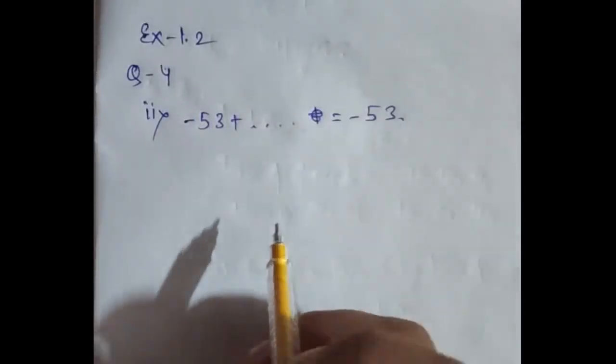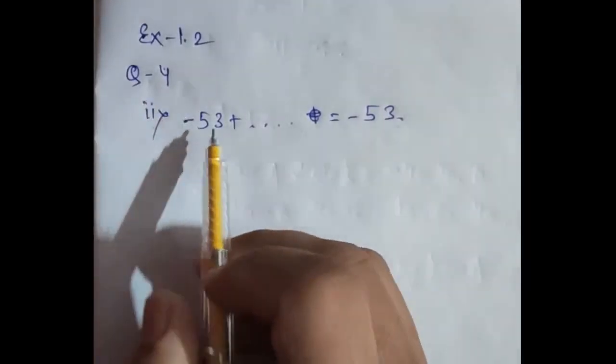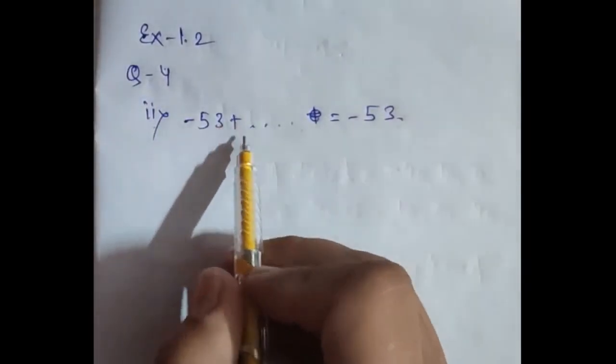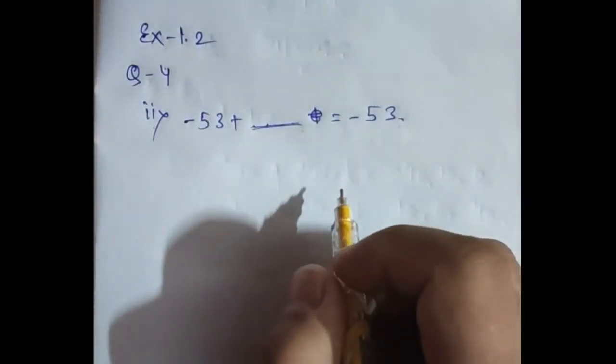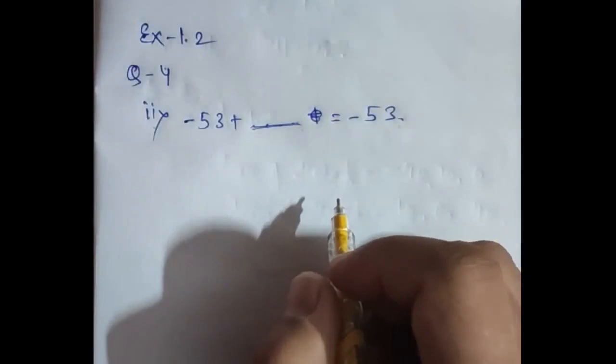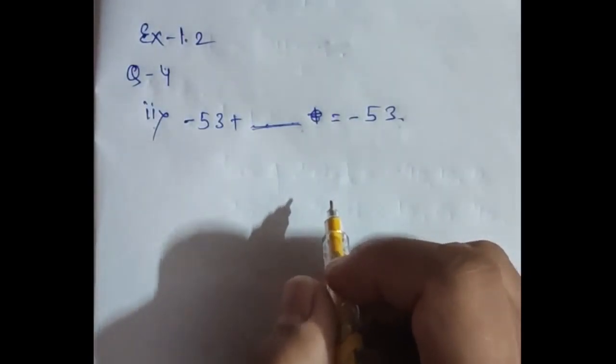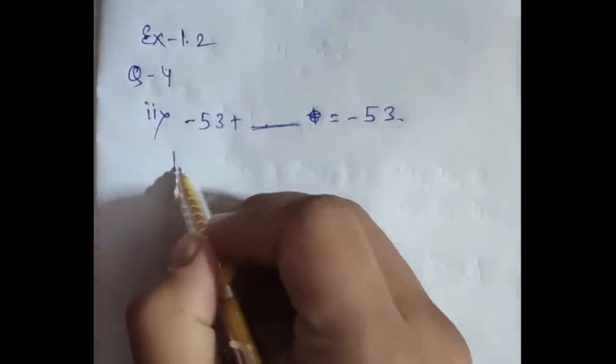So our next question, number 2 of question number 4, is minus 53 plus blank, you have to fill in the blank again here, is equal to minus 53. So in this sum also we will assume the missing number as x. Okay, so let us start.